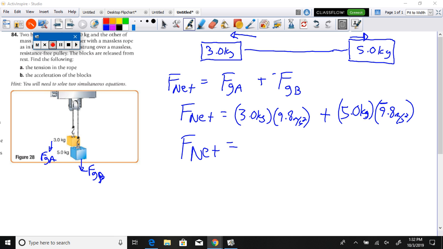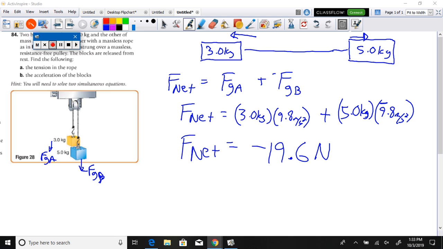What do you get? You got negative 19.6 as your what force now? What did we just find? We just found the net force.